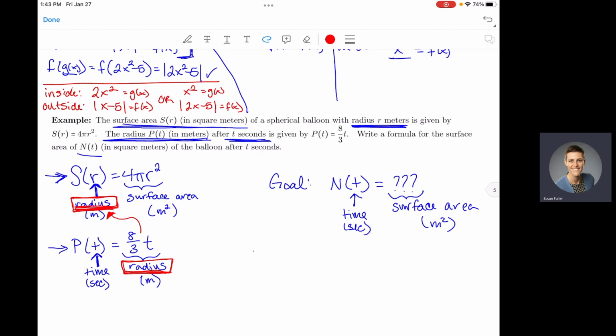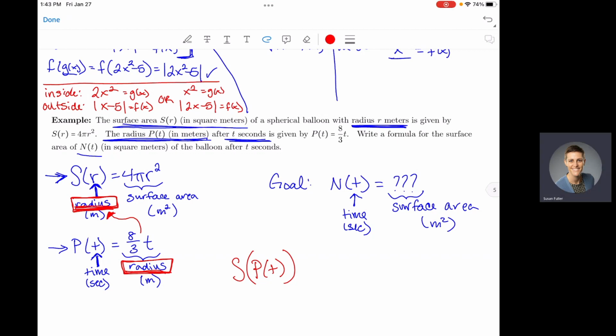That would make sense because they represent the same thing. So really what that would be is I'm taking the output of P of t, I'm taking the y value, and I'm plugging it into the function S. So I'm taking P of t and I'm plugging it into S.